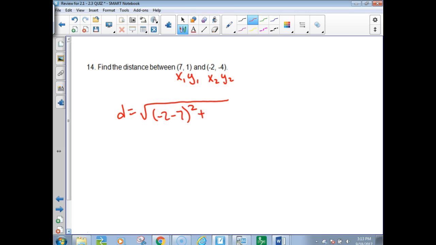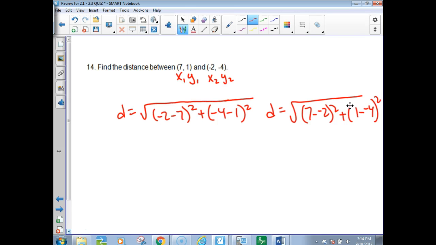-4 minus 1, and I'll explain. And it's okay if you did 7 minus negative 2 squared plus 1 minus negative 4 squared. Why is this okay?